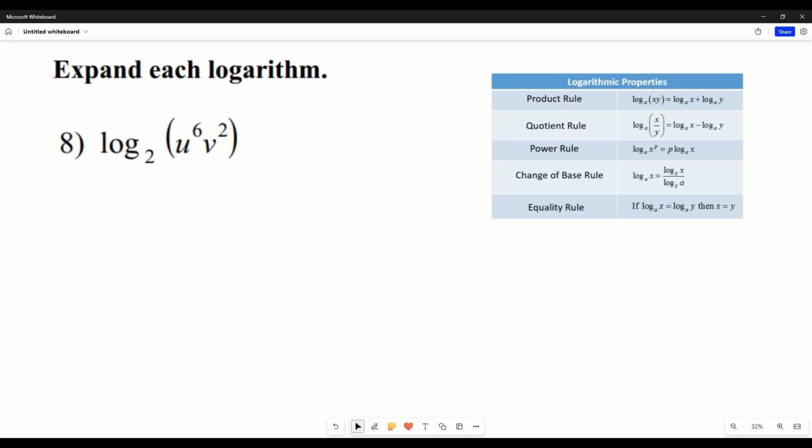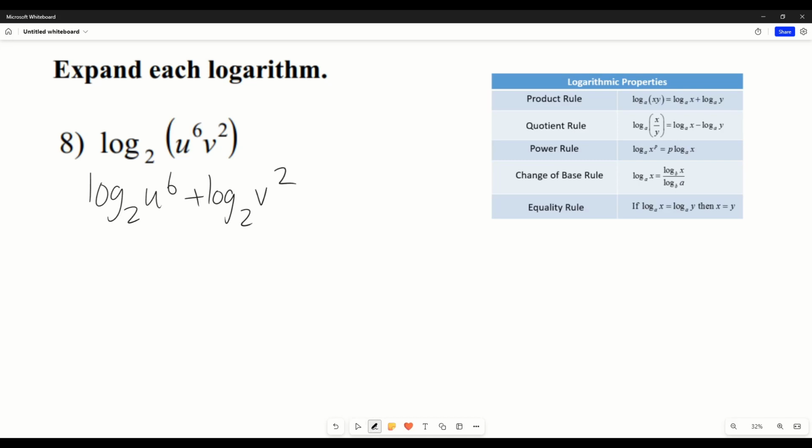For question 8, we have log base 2 of u to the 6th power times v squared. For this, we're going to use the product rule, making u to the 6th power plus v squared. So we have log base 2 of u to the 6 plus log base 2 of v squared.